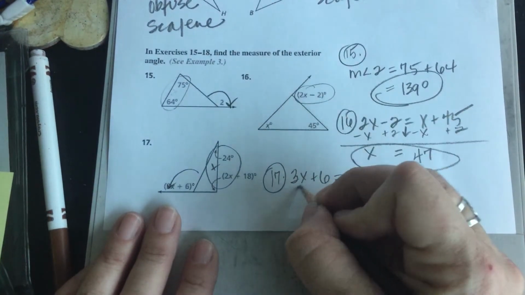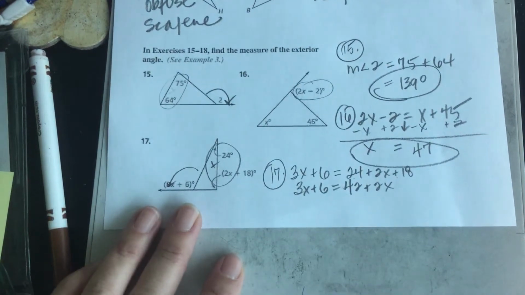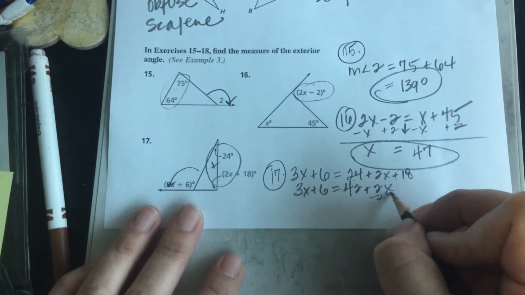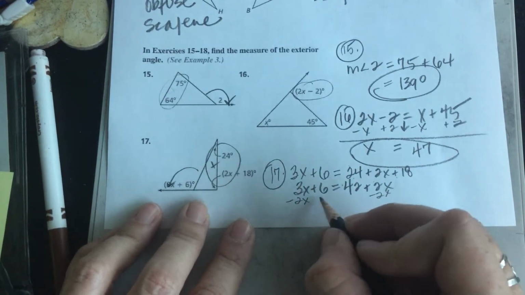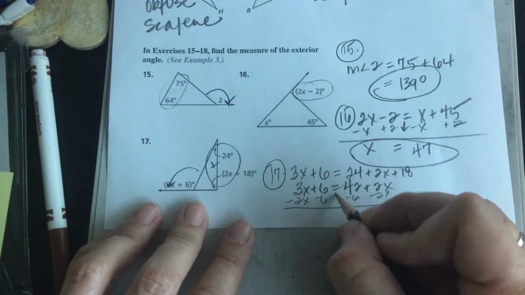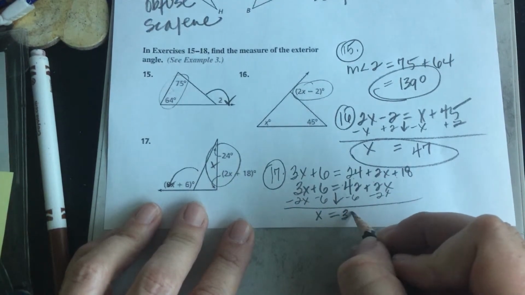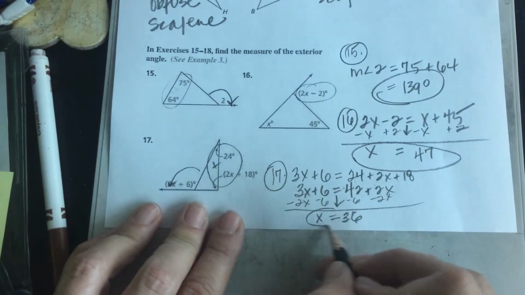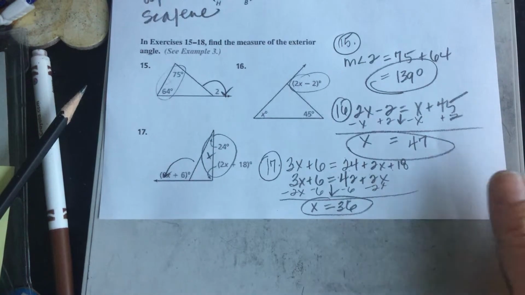I haven't undone anything yet. 3x plus 6 equals 42 plus 2x. I'm going to take 2x's away. Get those over here. I'm going to take away 6. This is going to bring me down to x plus 6. I'm going to take 6 away too, just because I'm running out of room. You can do it in 2 steps. X is going to be equal to 36. So for sure, you're going to see that rule on your exam.